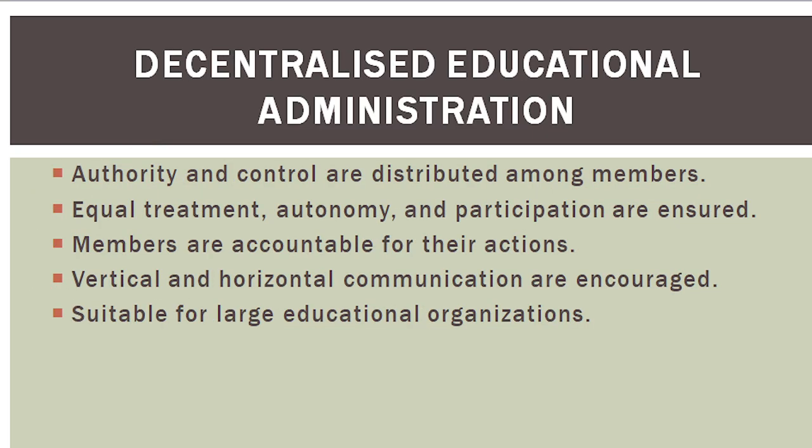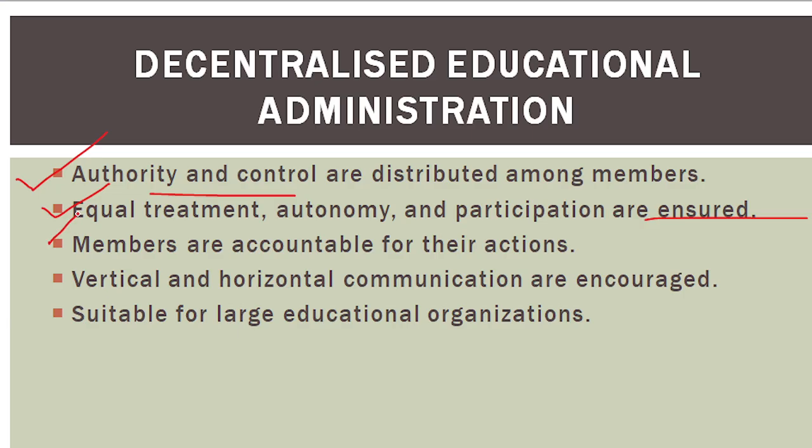Coming to the decentralized educational administration, here the authority and control are distributed among the members. So one person is not taking all the responsibility. Equal treatment is there, autonomy is there, participation is ensured. Members are accountable for their actions because you are sharing the responsibility.